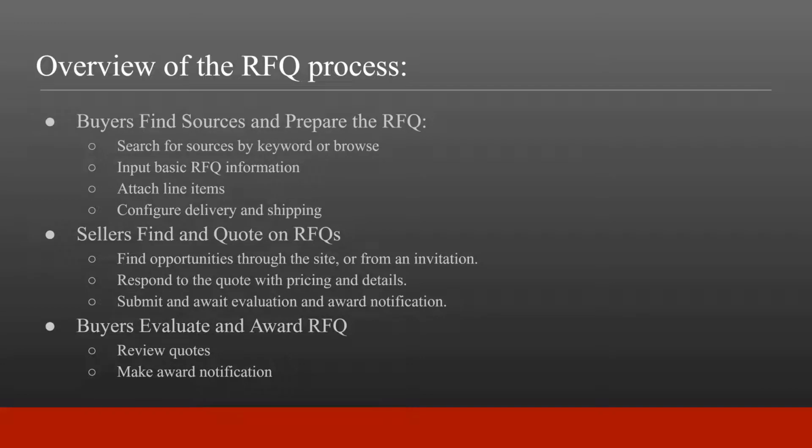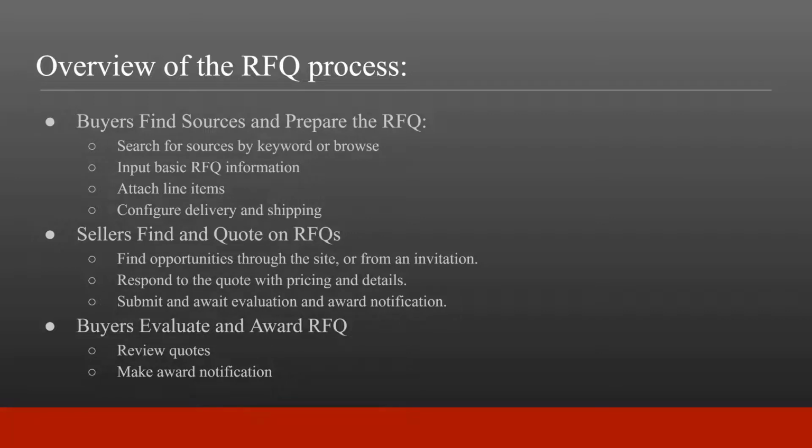Once the buyer has selected companies, then they input basic RFQ information. So things like a title, a description, they can attach documents, they can input line items, they can even bring those over from GSA Advantage. They'll configure their delivery and their shipping, and then they'll post the RFQ. That's the point where the RFQ will appear in the list for you folks to find.